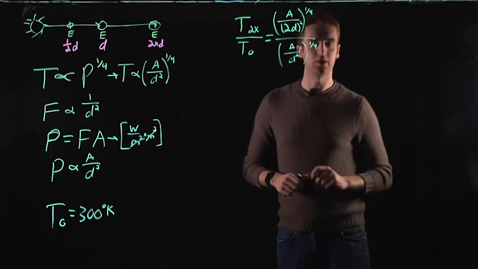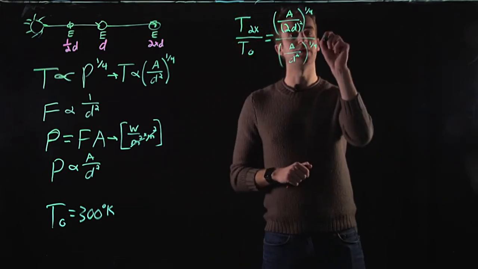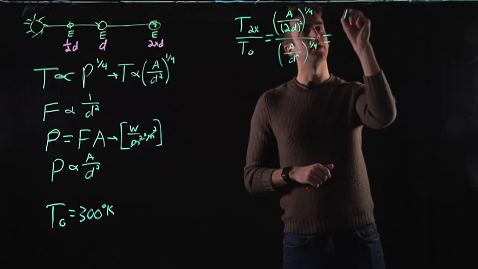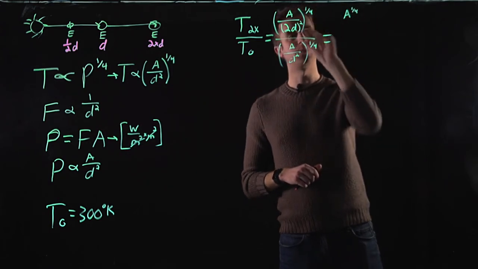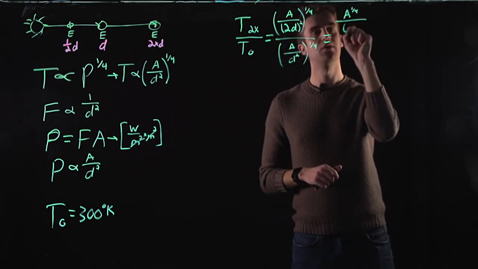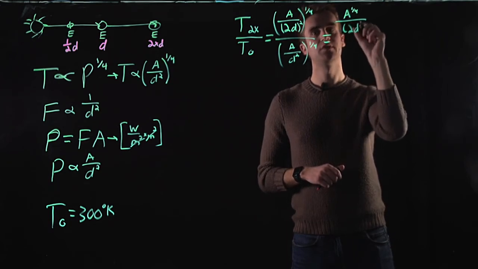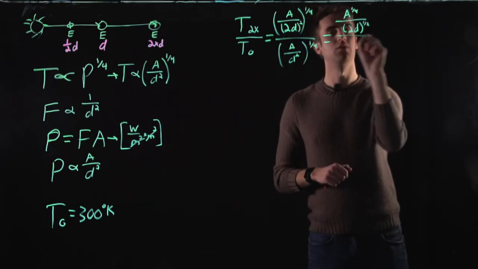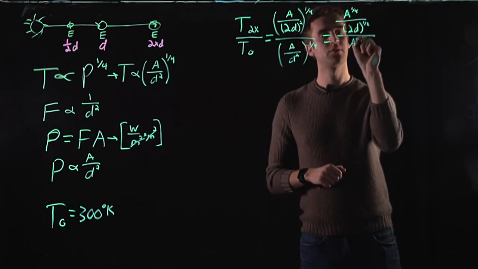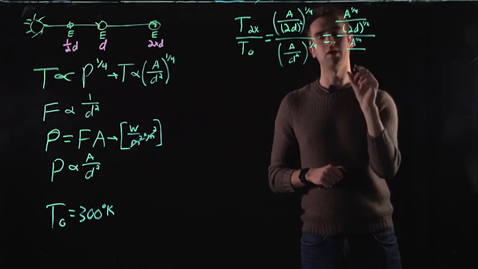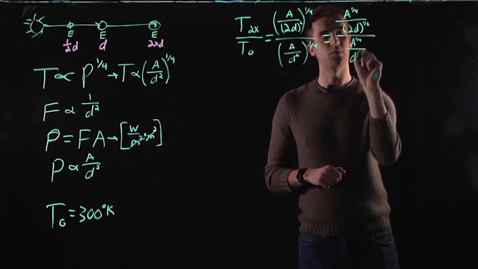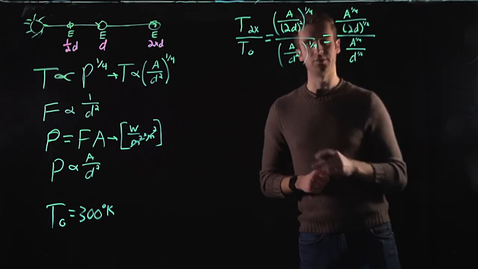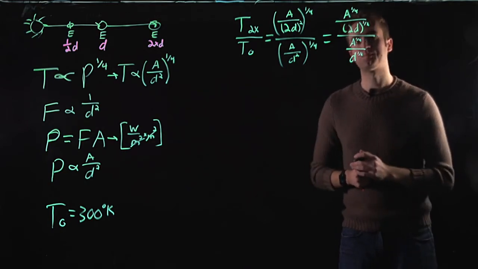Okay, so how do we go about doing this? Well, let's first simplify this problem. We can say that this is equivalent to, just applying our power law here, A to the 1/4 over 2d to the 1/2, over A to the 1/4 over d to the 1/2. We've just brought our powers into the respective fractions.